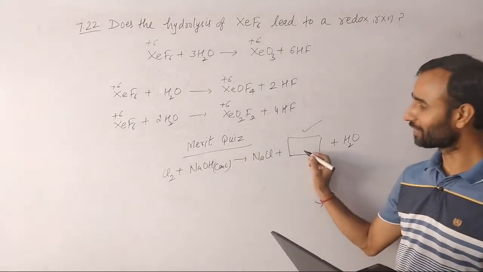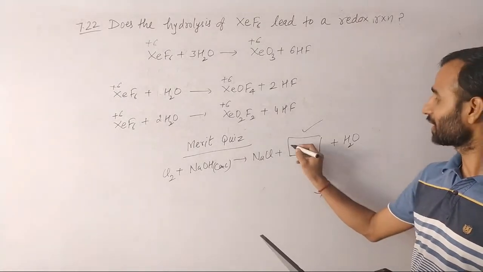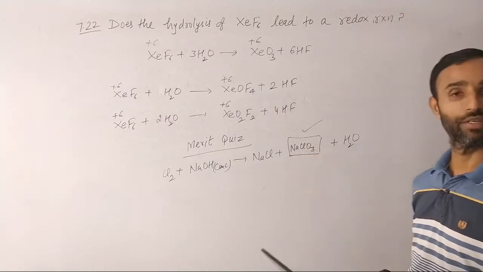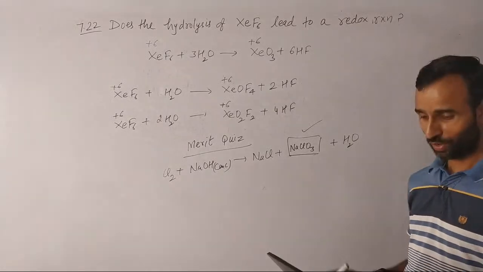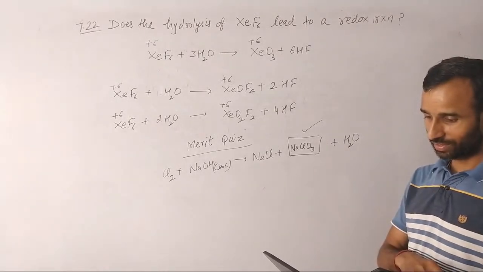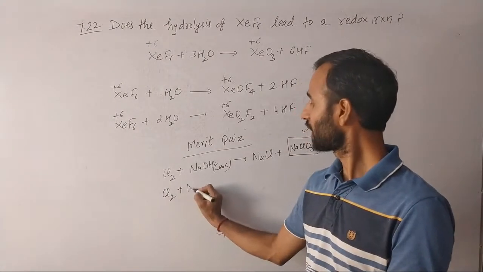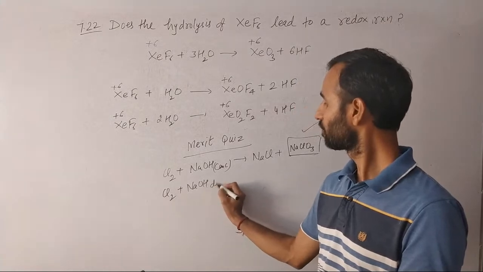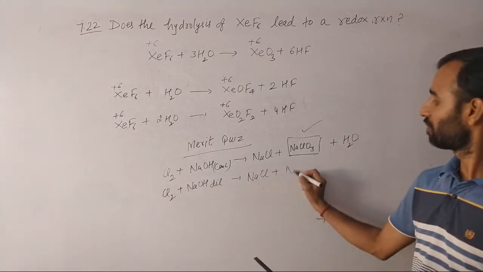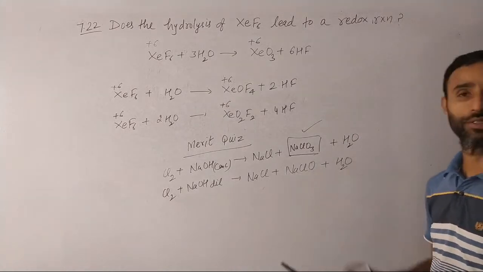What should I write here? Yes, it should be NaClO3. Okay. Why are the others not replying? If we have dilute NaOH, then we get NaCl plus NaClO and water.